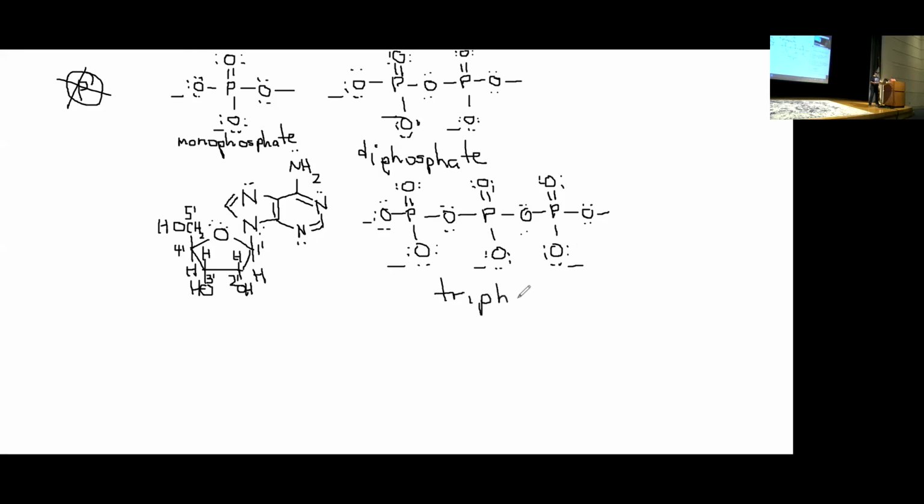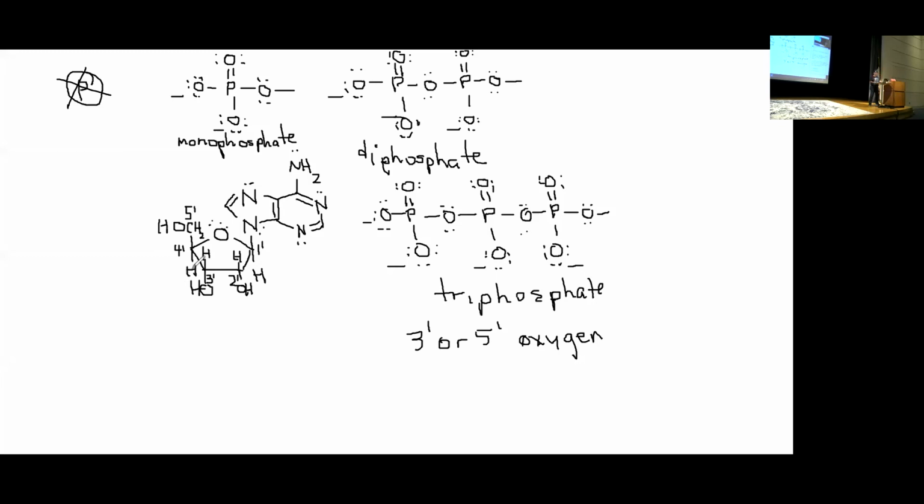And so all we're going to do is put any one of these 3 things in place of the hydrogen on the OH on either 3' or 5'. And then we will go from a nucleoside to a nucleotide. We'll put any one of these 3 groups on either the 3' oxygen or the 5' oxygen.